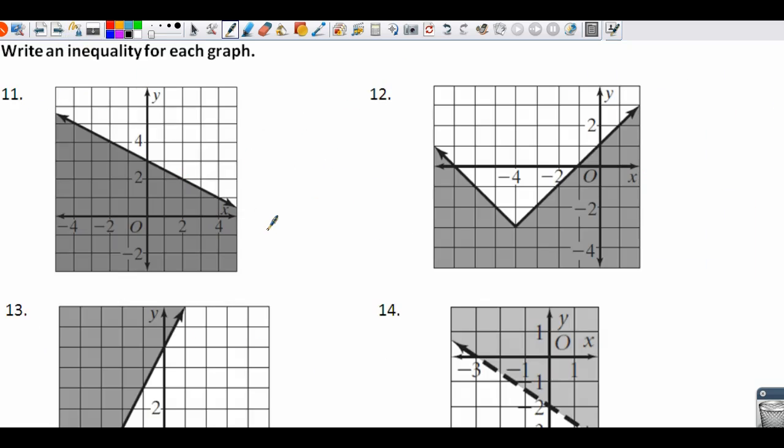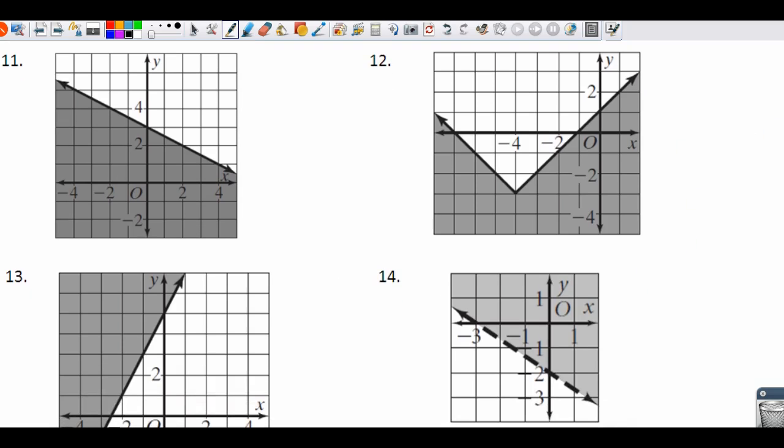Okay. And then the last part of the lesson is kind of taking everything we've done but in reverse. So if I give you the lines and I give you the shading, can you write me the equation? So you would identify the y-intercept, determine your slope, and then look at if the graph is solid or dashed and shaded above or below.